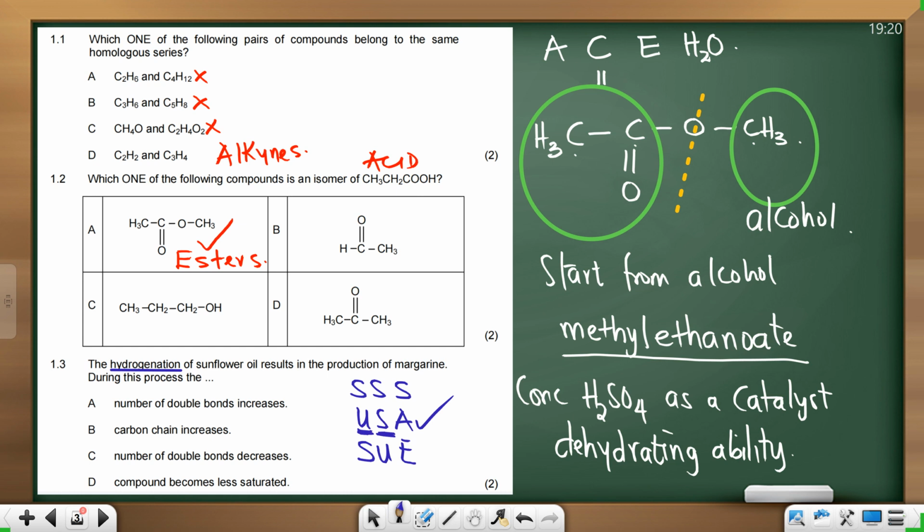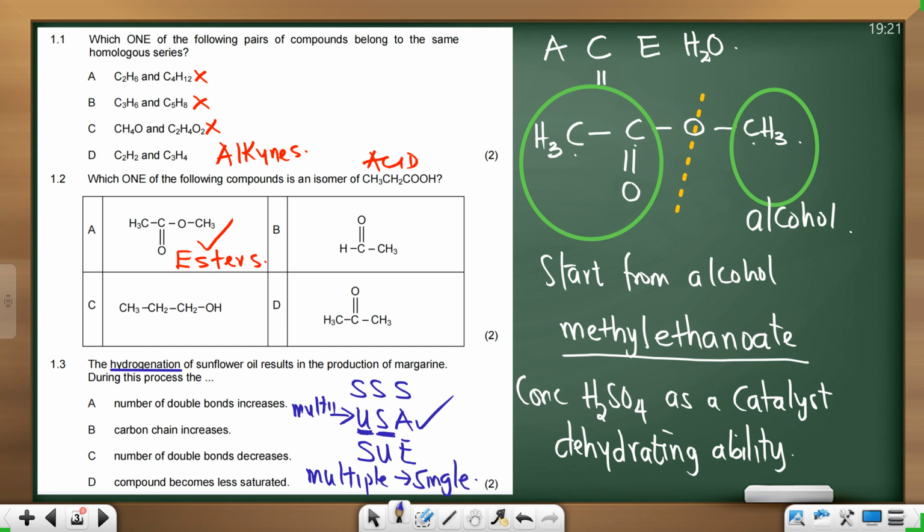During the process, what's the correct answer? The number of double bonds increases? No, it cannot increase because we are moving from unsaturated. We are actually moving from multiple bonds. Addition, we are moving from multiple to single.